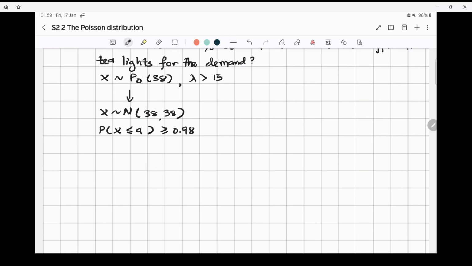So this would be by normal distribution. So remember your continuity correction. Minus 38 divided by the square root of 38. So this has to be greater or equal to 0.98. So now we look at the normal curve.